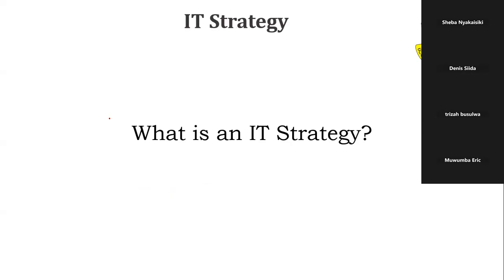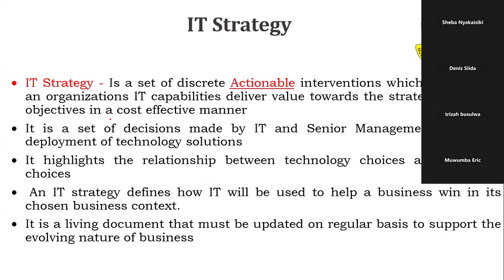So what is an IT strategy? This one we already know. We have discussed it. We know that we have the overall organizational strategy, which is defined to achieve specific goals.